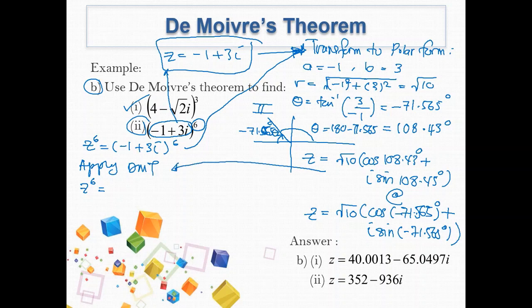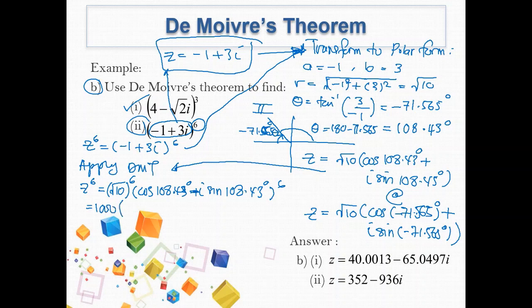So z to the power of 6 means your r here will also be to the power 6. So square root of 10 to the power 6 and everything here, your cos 108.43 plus i sine 108.43, is also to the power 6. Excuse my handwriting, because it is not stable using this writing pad. When you apply the De Moivre theorem, now it becomes square root of 10 to the power of 6, this is 1000.